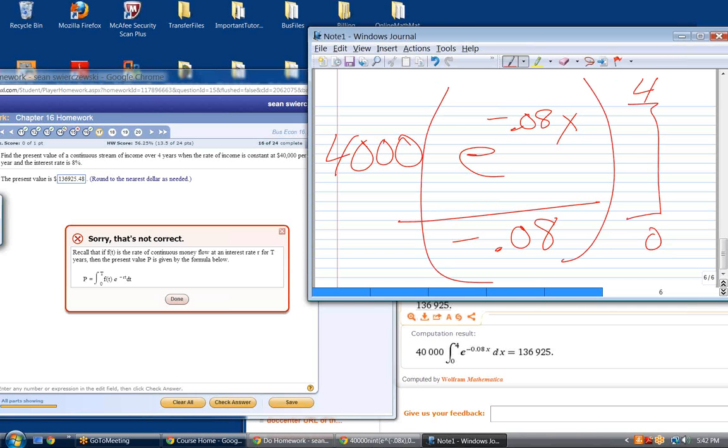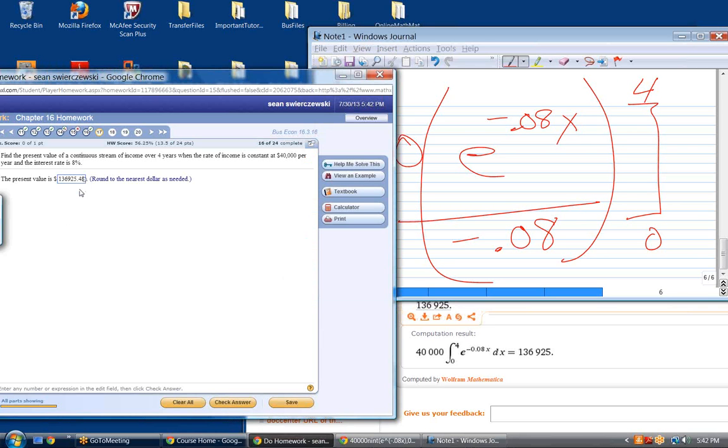It says round to the nearest dollar. Are you kidding me? Wow. There's no excuse for that. Why would they do that, other than to just trick you? That's why I bet they just changed something compared to the last 4 problems.